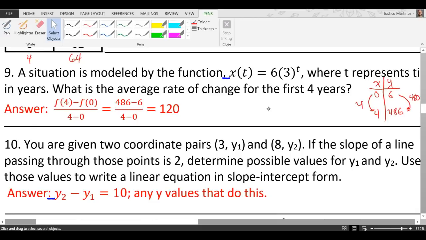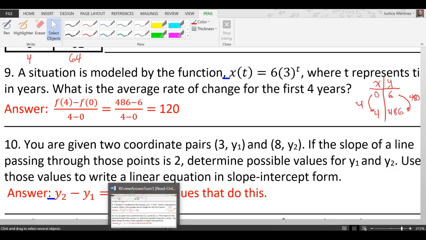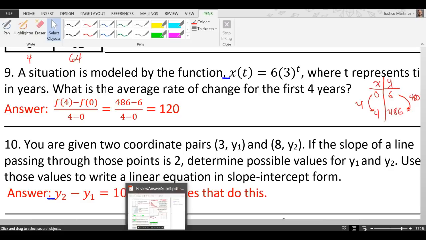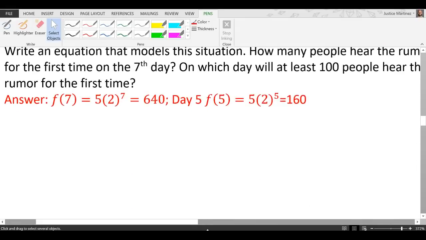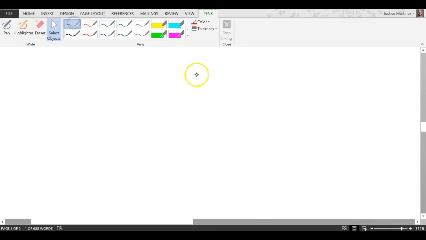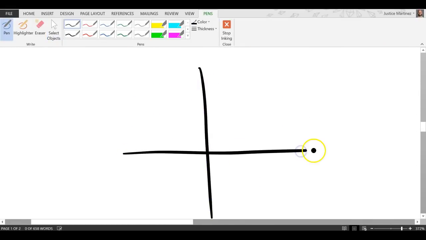Now, that is only an average rate of change. This is still an exponential function. That is just the average rate of change, meaning if we were to look at this in terms of a function line, here's my function line, and it wants to find from this point to this point the average rate of change.